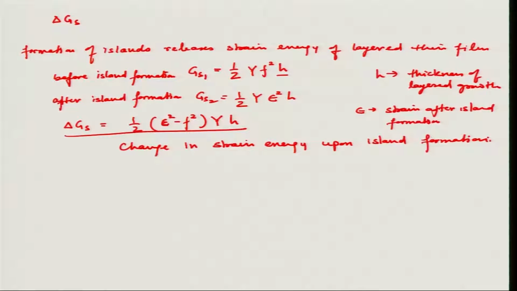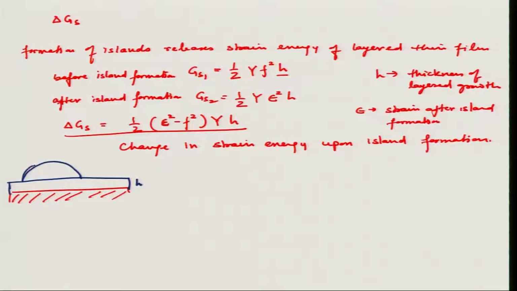Now, if you see, for the critical radius of this island, for critical nucleus size or the radius of this island, it is always good to replot things. So, if this is my substrate, and this is my layer of thickness h, and this is my cap island of radius r.